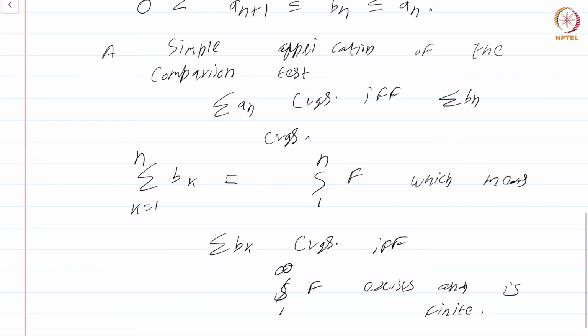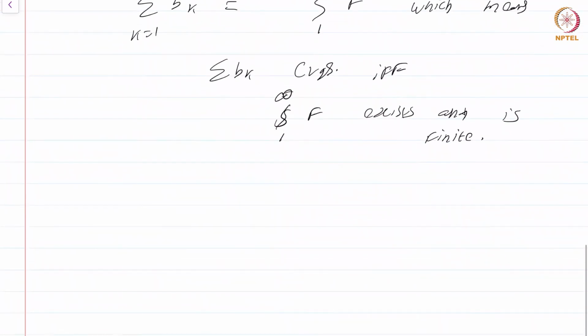In other words, the convergence of the series a_n is determined by whether the improper integral of f from 1 to infinity converges or diverges. So the proof is rather simple and uses the simple idea that the area under the graph is related to the terms of the series.